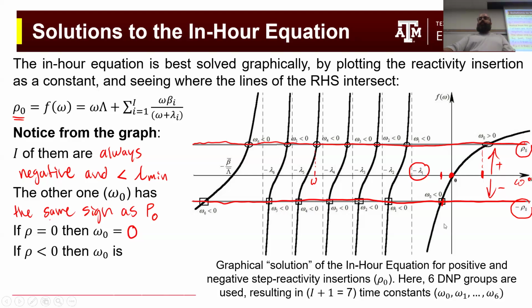And if the reactivity insertion was negative, then omega zero is negative, but it's still closer to zero than all of the other time constants that I would get. So it's negative, but closer to zero than the other omega values.